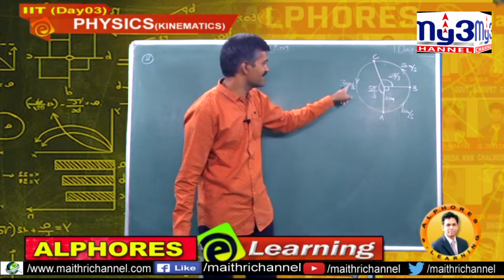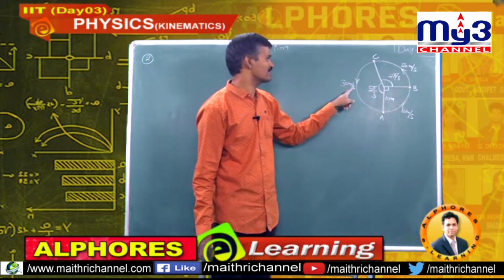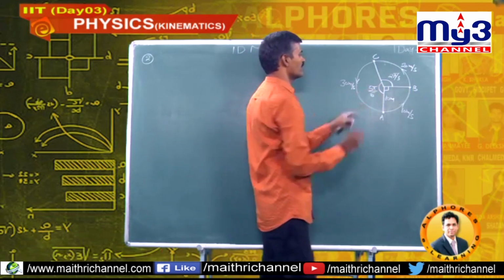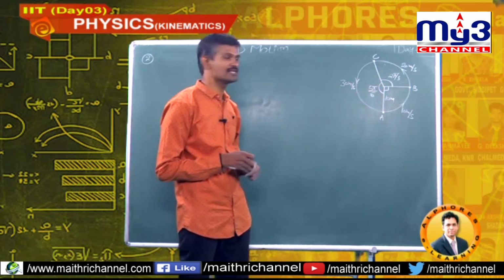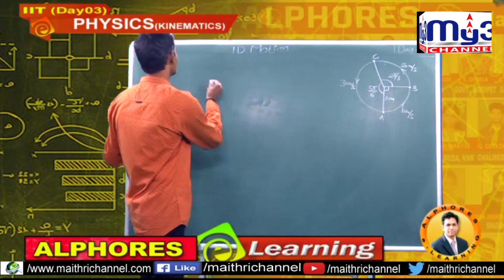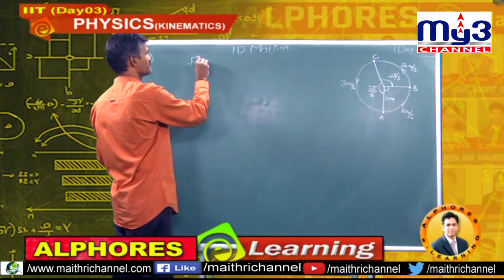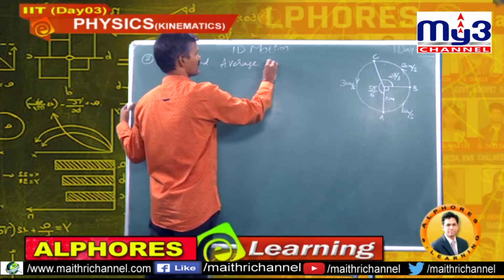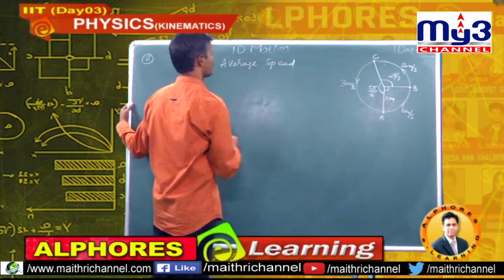After that, it reaches A again with a speed of 30 meters per second, covering an angle of 5 pi by 6. Now we have to find the average speed of the particle for that journey.